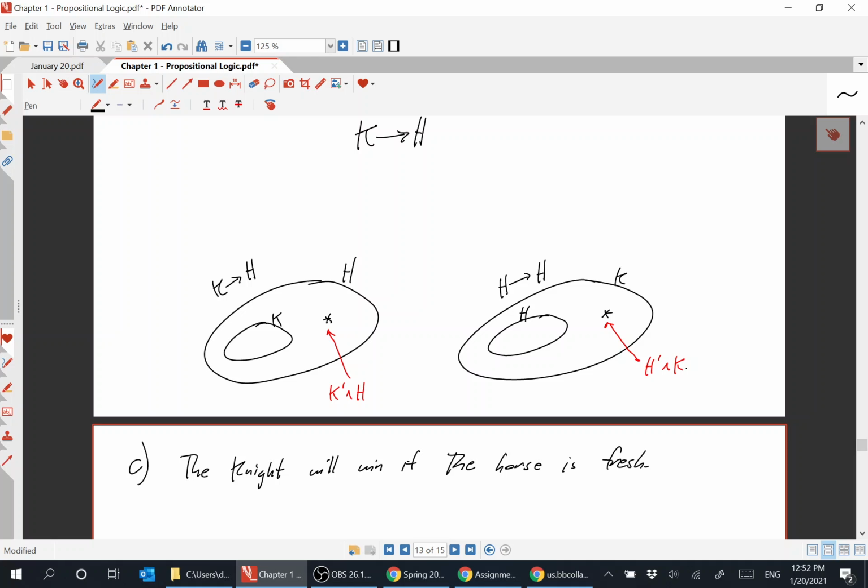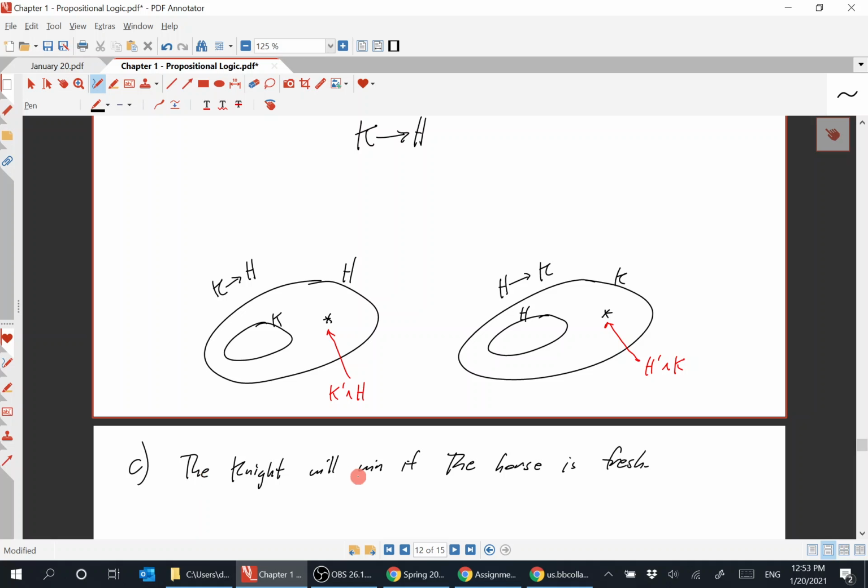Here, the horse is tired, and the knight won anyway. Which one contradicts this? K implies H. Right. Oops, this one is the contradiction. The knight lost, and he has a fresh horse.